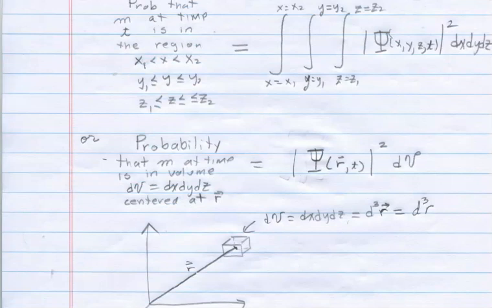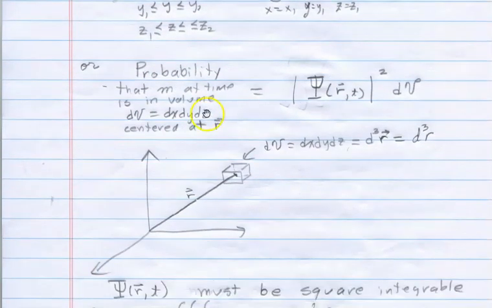Another way, and in a lot of ways I like this one better, is that it boils it down to an infinitesimal. The probability that the mass m at time t is in the volume dv, which is dx dy dz if we use Cartesian coordinates, centered at r vector, is just the wave function squared, absolute modulus squared, times the volume.